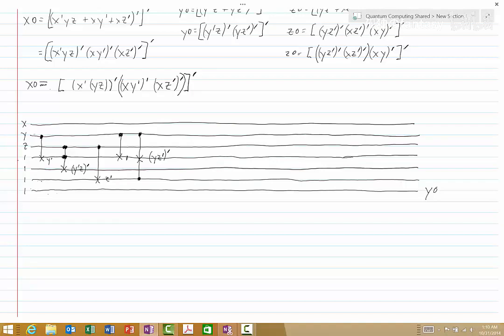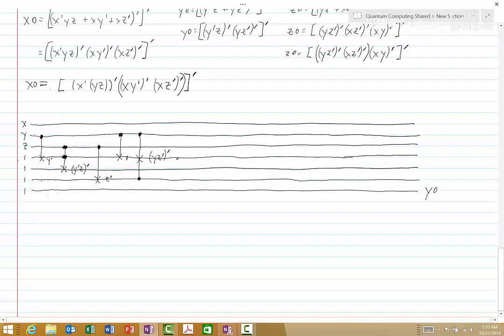And now the last thing we want to do is to take the Y prime Z prime here. Notice that's the first term. And here's our Y Z prime NANDed, which is the second term, and we want to NAND those two together.